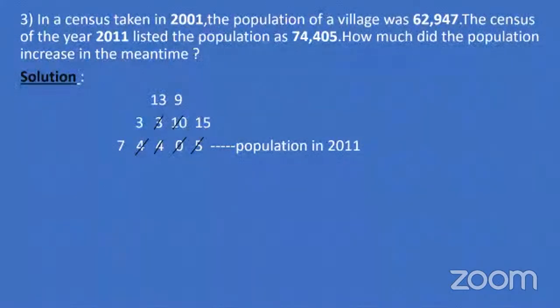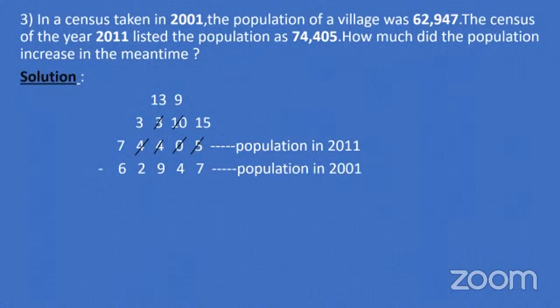What is the population of 2001? 62,947. Very good. So now we will subtract that population. For that purpose, we have arranged the numbers. You know how we arrange the numbers when we are going to subtract.